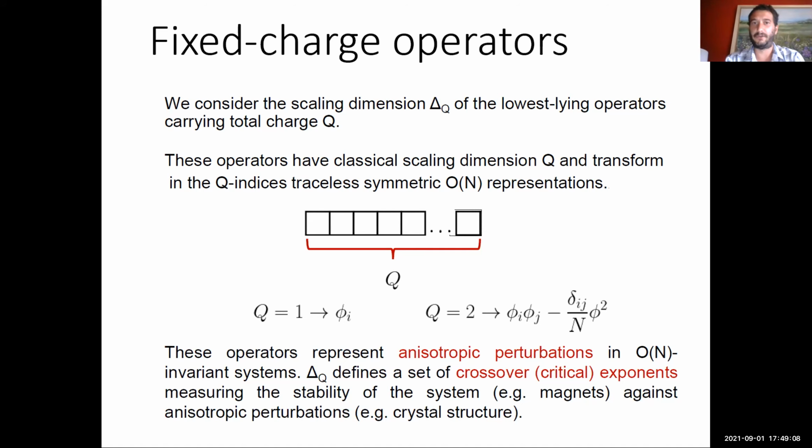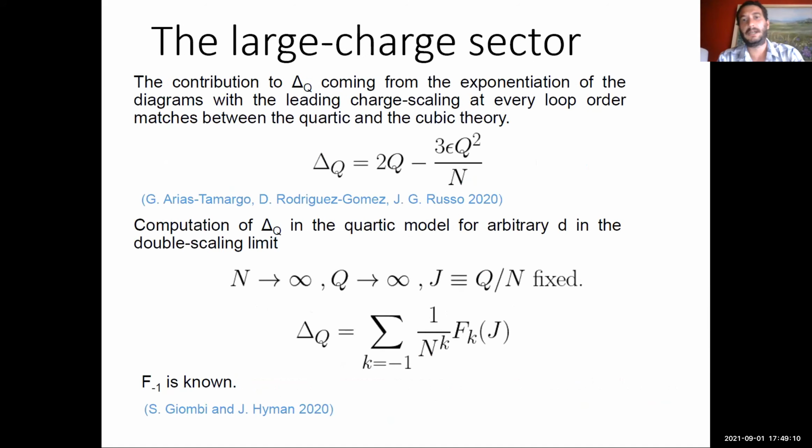The study of these operators in this theory is quite recent. There are in particular two papers, both from 2020, one by Arias Tamargo, Rodriguez Gomez, and Russo, which computed this delta Q, the scaling dimension, and they showed that the contribution coming from the exponentiation of all the Feynman diagrams with the leading charge scaling at every loop order gives the same results in both theories.